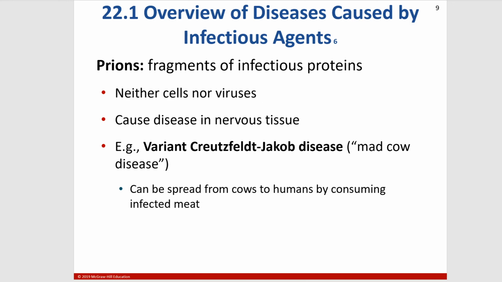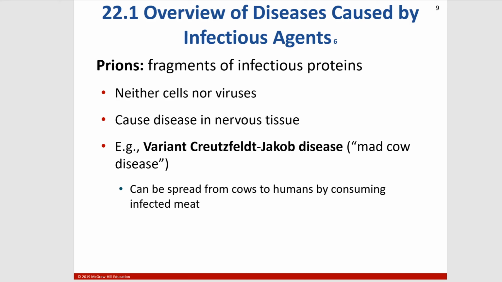And then there's also prions. Prions are fragments of infectious protein. So a prion is an infectious protein. An unusual thing. This infectious protein gets in the cell, and it actually didn't come with its own DNA or RNA. So it rearranges the DNA or RNA that's there to make more of itself.